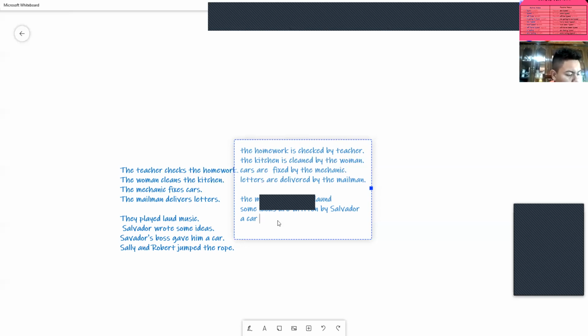Sería, no doy como was or were. Salvador, ¿estás hablando en singular o en plural?